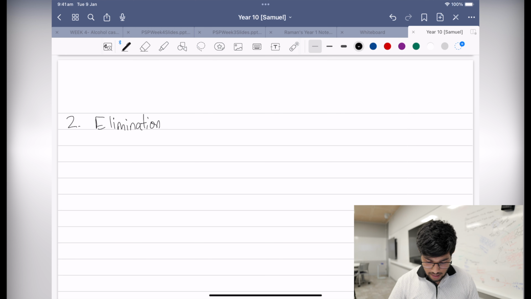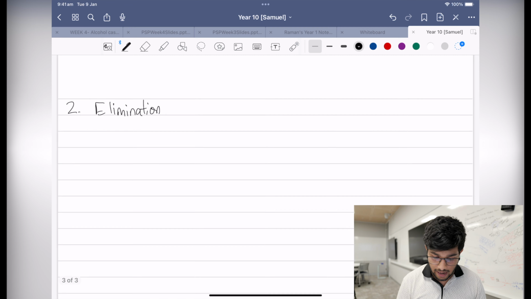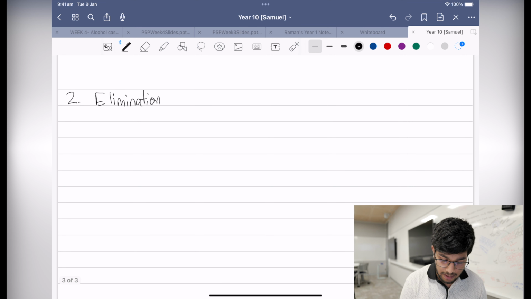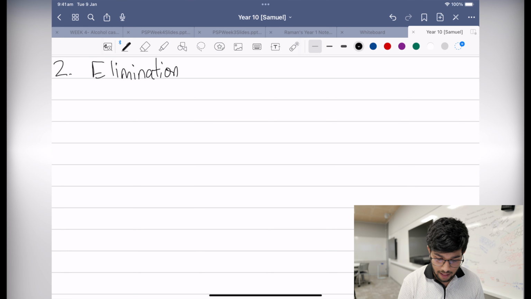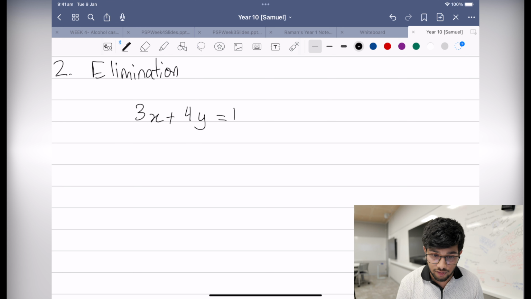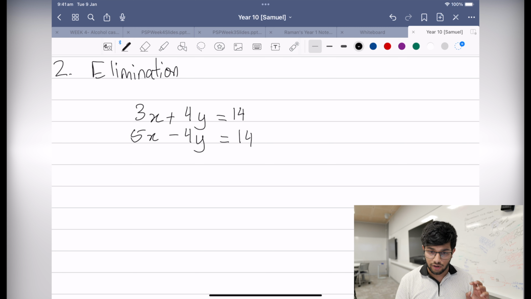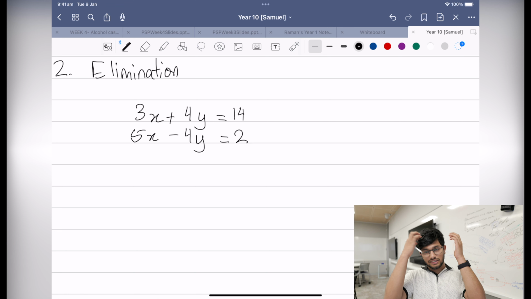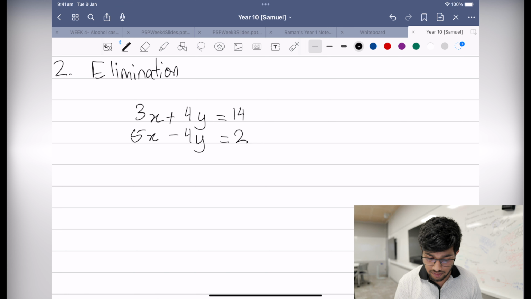So I'm going to take now from 4.6: 3x plus 4y equals 14, and then I can also say that 5x minus 4y equals 2.